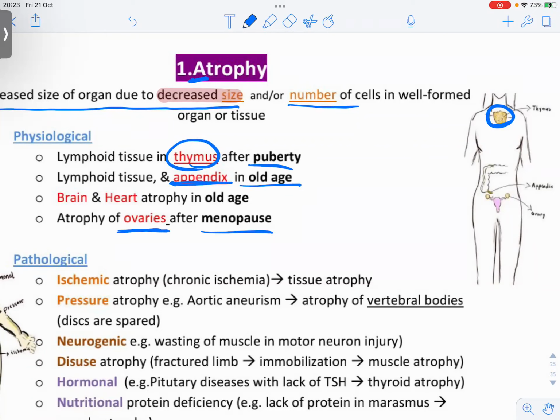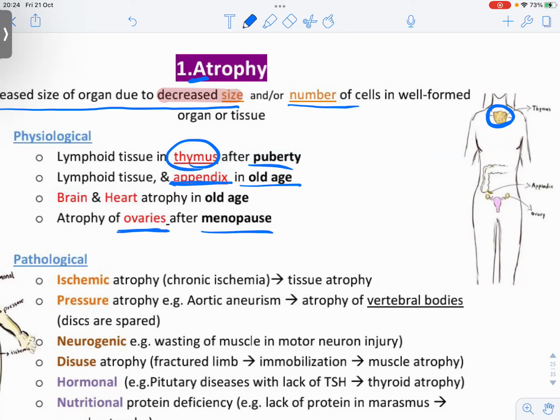It's called menopause. So the ovary will shrink and decrease in size and number of cells, because after age 45 or maybe 50, it will not be used anymore as in a young lady. So the ovary will be atrophied.